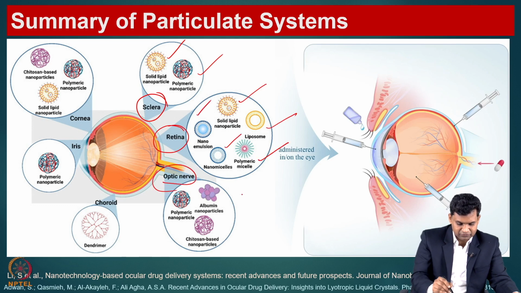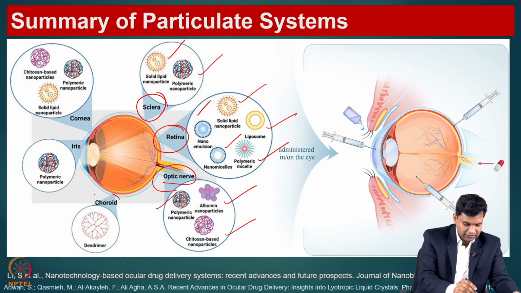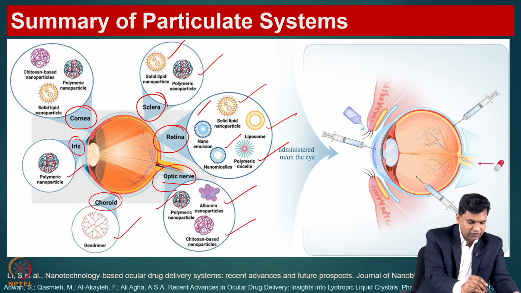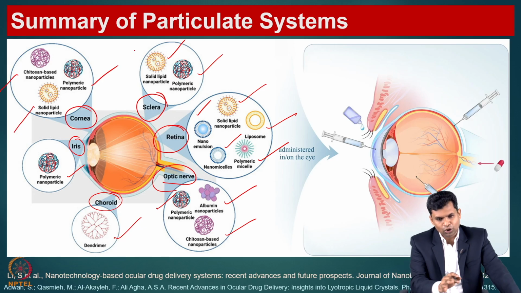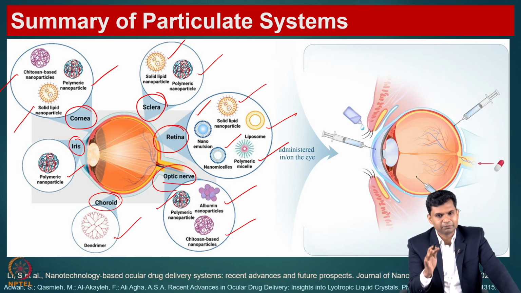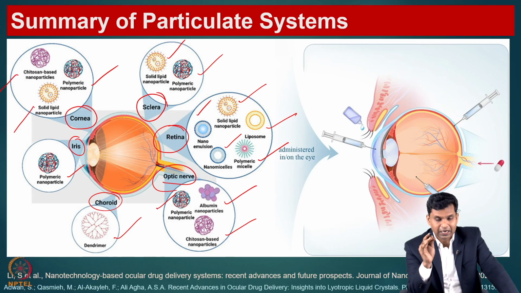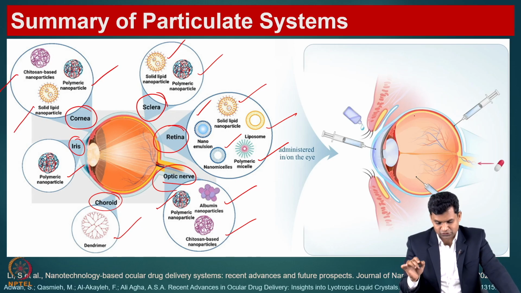Now, for the optic nerve, again albumin particles, chitosan, and polymeric systems, and for the choroid dendrimers can be used. For the iris, polymer, and again for the cornea, SLN, chitosan and polymer. So, all these formulations are possible, and they need to be given by the right route also.